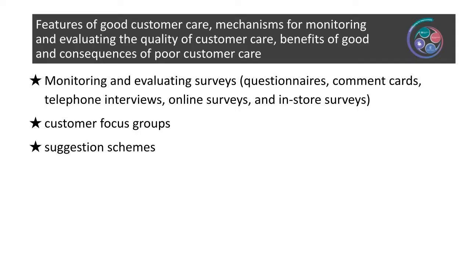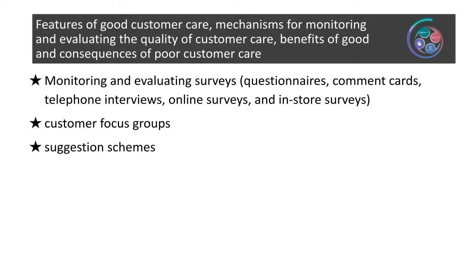But while the gathering of the feedback is important, it's even more important that it is evaluated and monitored. So somebody sees that feedback coming in, they process it, and they take key messages from it to be able to ensure the organization can make changes or celebrate success based upon the information that's coming in. Alongside that, it might be a case of having customer focus groups.